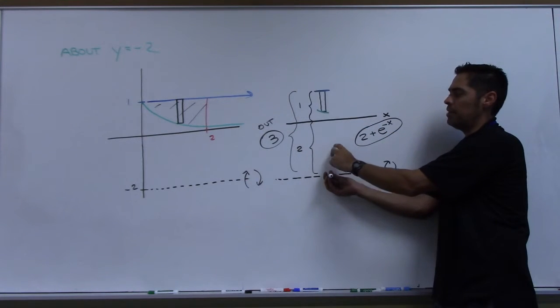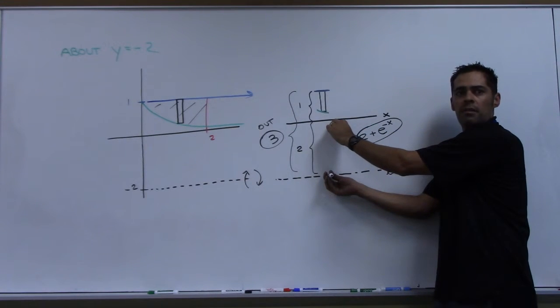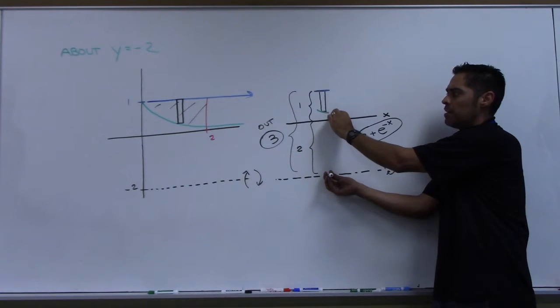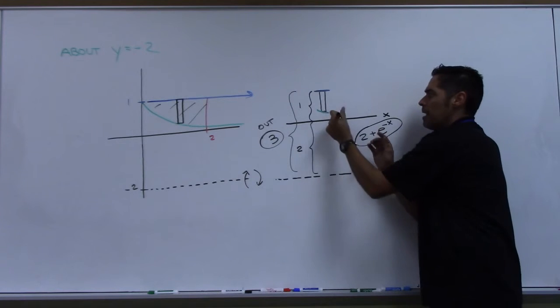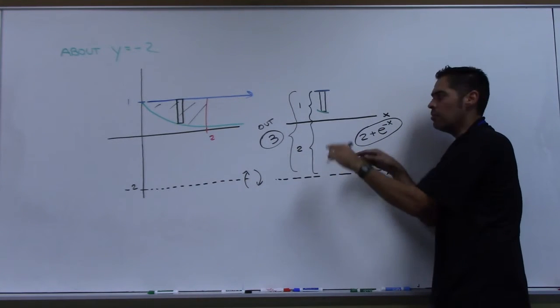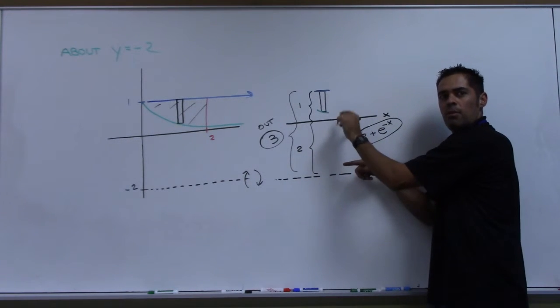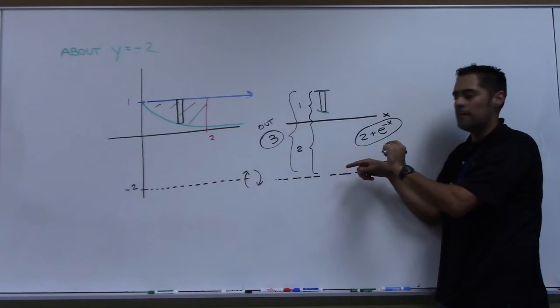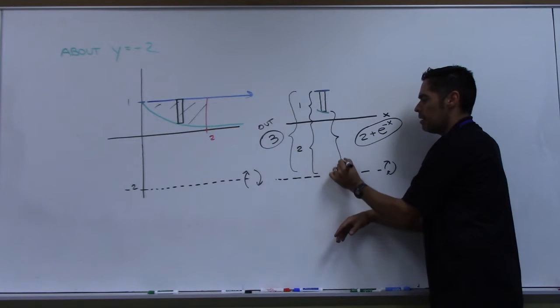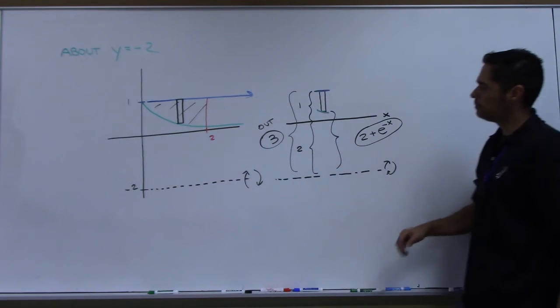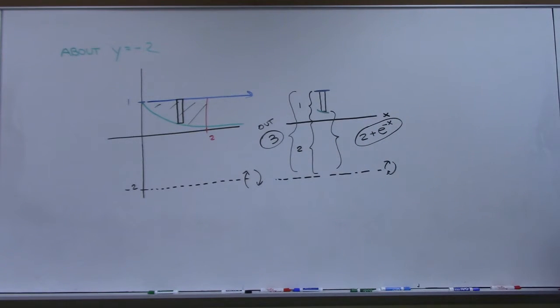So when you walk this, how long is that? How far did you walk there? 2. And then how far do you walk to get to there? e to the negative x. So it's a total distance as opposed to negative 2 plus this much, right? So from here to here is this number. That's our inner.